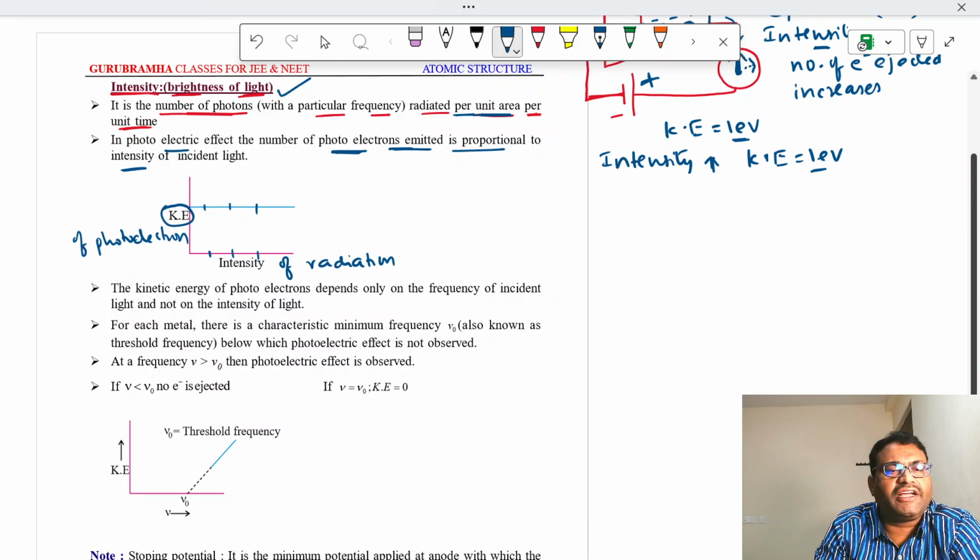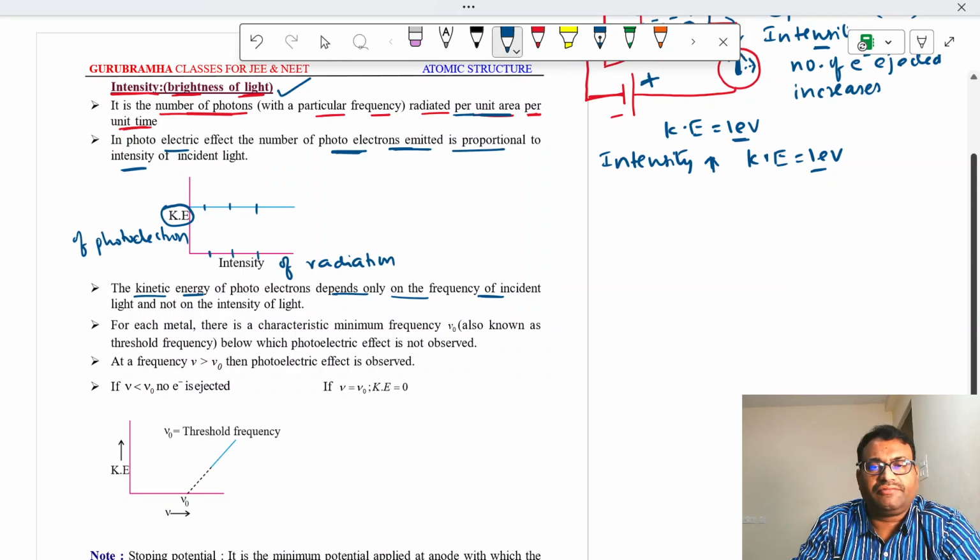Then how does the kinetic energy of the photoelectron depend only on the frequency of incident radiation? If the frequency of incident radiation increases, then the kinetic energy increases. So let us discuss that. Here we have a metal surface.